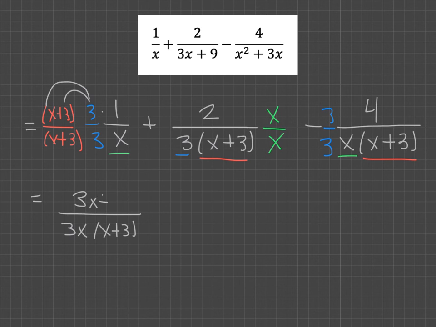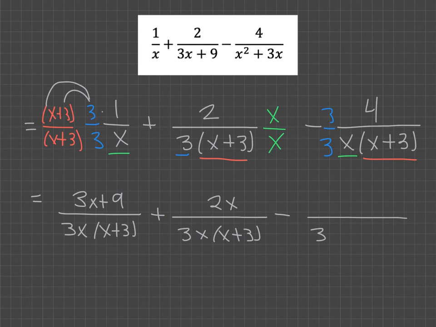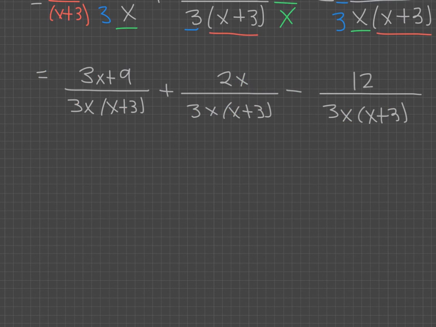We get 3x plus 9, plus, all right, common denominator 3x times x plus 3, and the numerator is 2x, minus common denominator, and 3 times 4, we get the numerator of 12. Now we can combine with the addition and subtraction in the numerator. So we get 3x plus 2x, so that's going to be 5x, and 9 minus 12, so that's a negative 3.